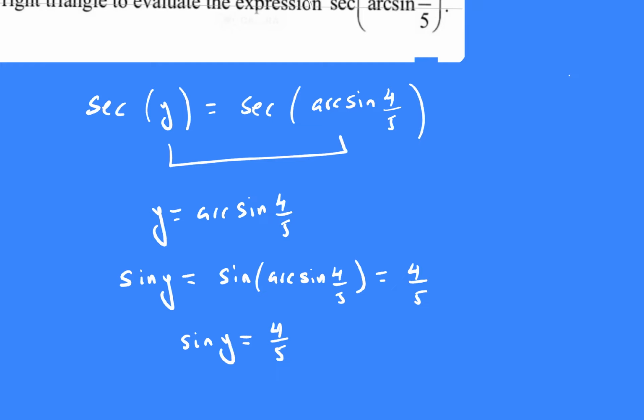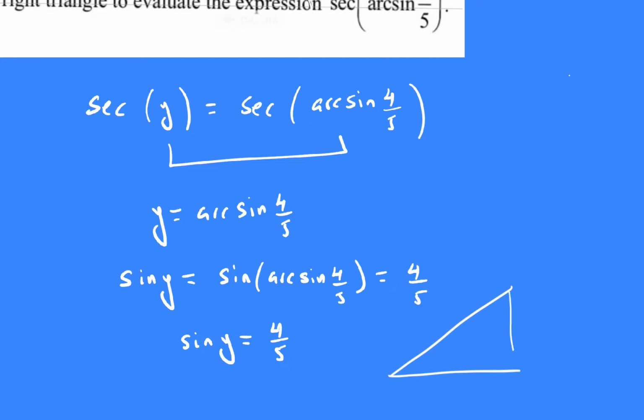Okay, so first of all, if sine of y is 4/5, it means that this is y, and the sine is the opposite divided by the hypotenuse. So it should be this triangle, 4/5. And what should be the adjacent?